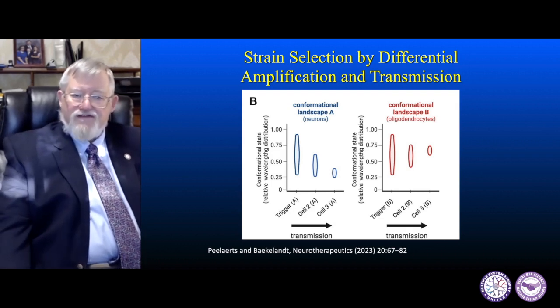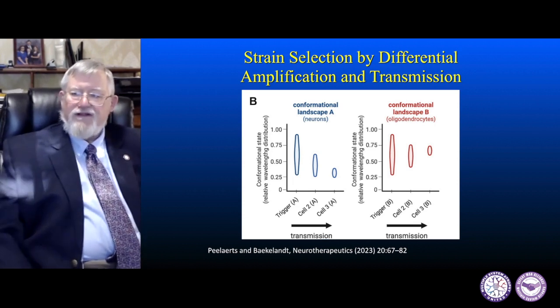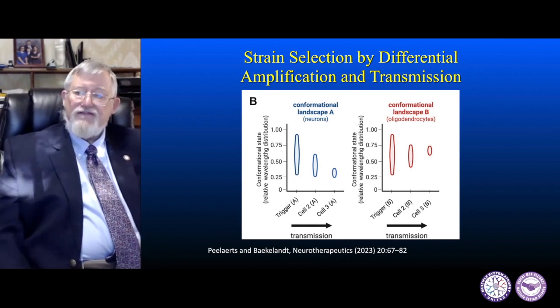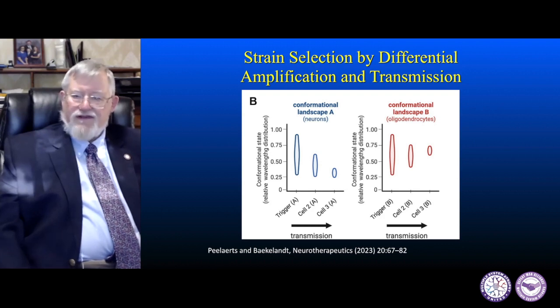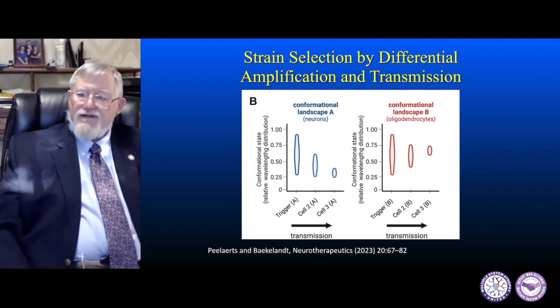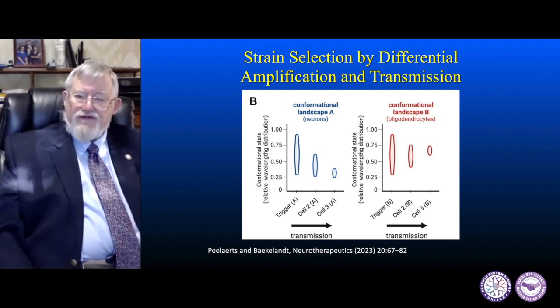And so conceivably, if you looked at a trigger cell, you might find this smear of differently folded alpha-synuclein. And as it moves on to the next cell, the selective properties of how it gets transferred, whether the cell will receive it or not, whether it can amplify it or not, what the conditions are in that cell for actually amplifying, forming more aggregates, narrows down the variety until you end up with a single strain, or minor variations in a single strain, that might cause a specific disease.